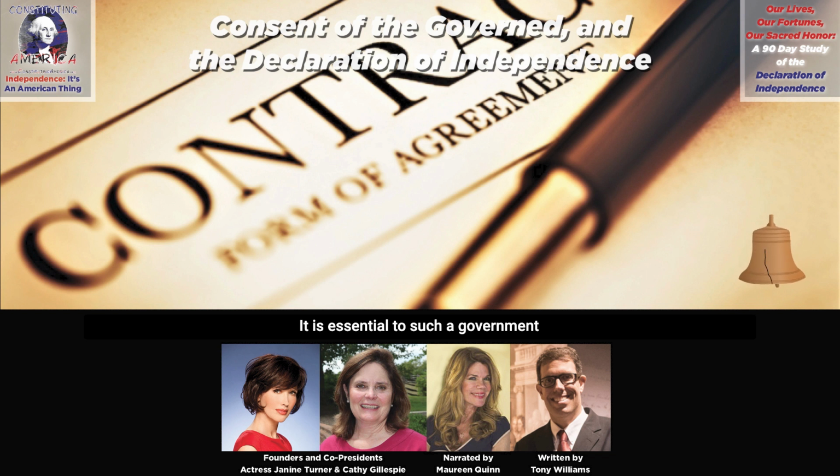It is essential to such a government that it be derived from the great body of the society. It is sufficient for such a government that the persons administering it be appointed, either directly or indirectly, by the people."